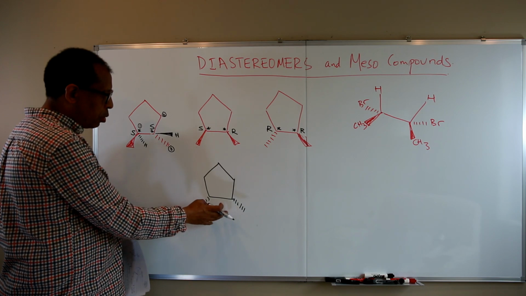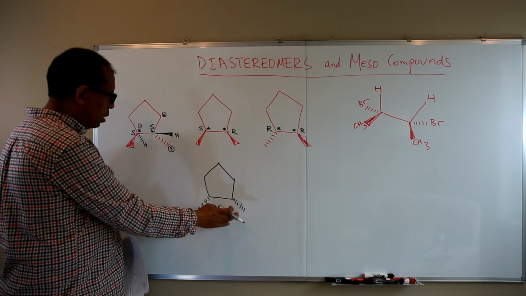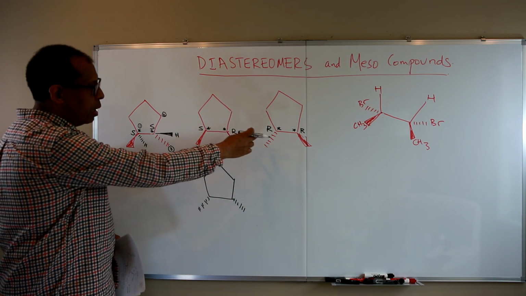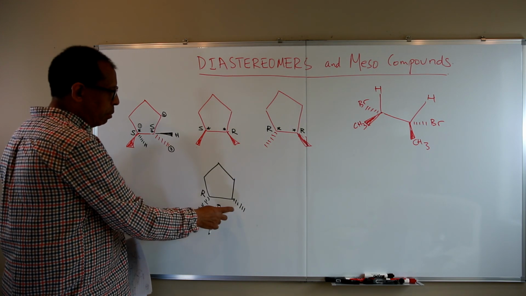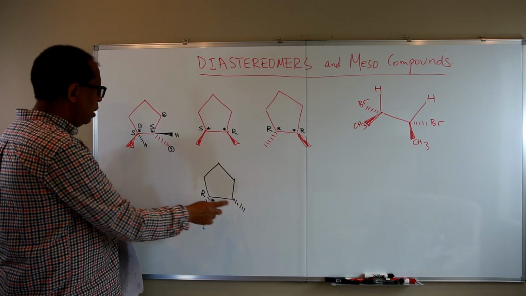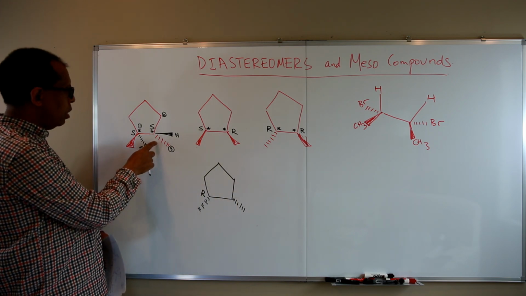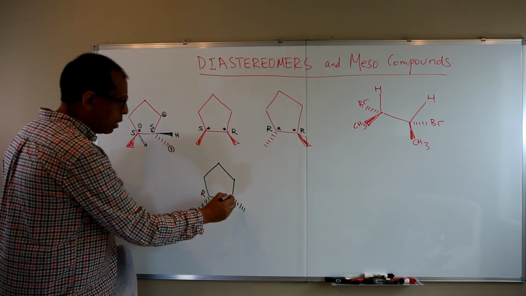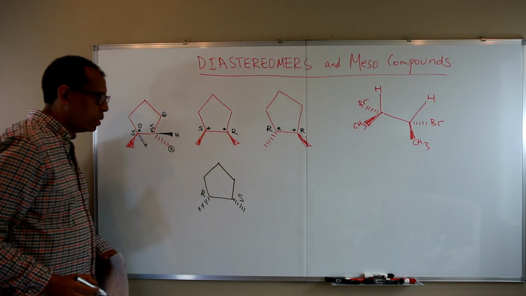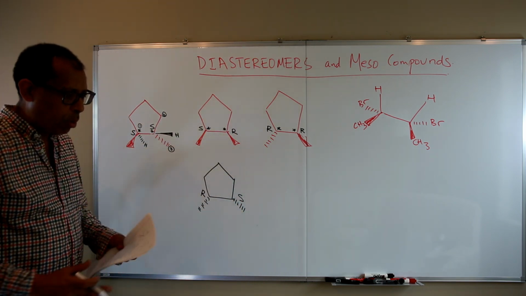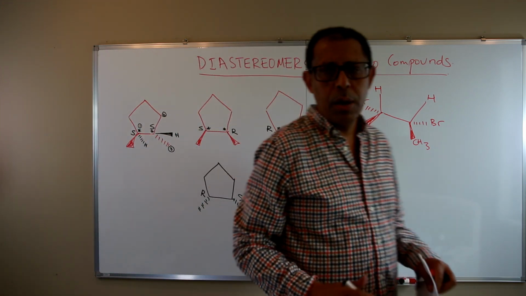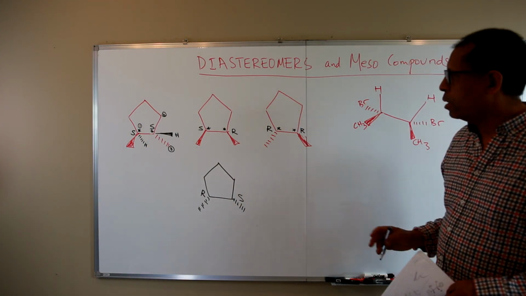When the methyl group is down, the methyl group is down here, methyl group down is an R, and the methyl group is down here also, that is an S. So we have assigned all 4 of them. Now the R and S are assigned.